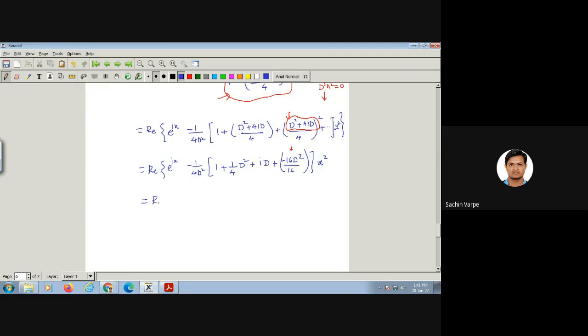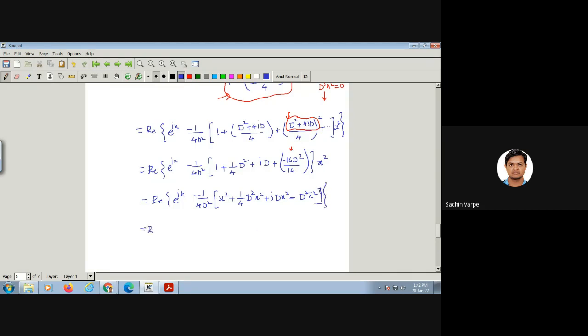So that is real part of e raised to ix into -1/4d². Now I'll take x² inside, so 1 into x² plus 1/4 d² of x² plus i d of x² minus 16 cancel, minus d² of x².